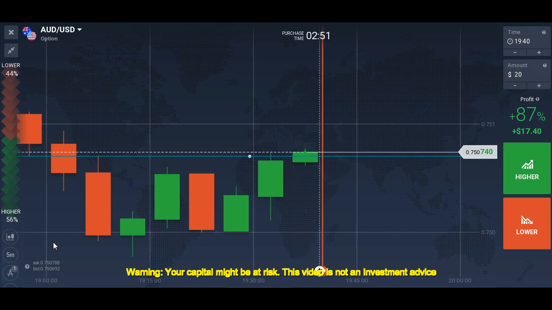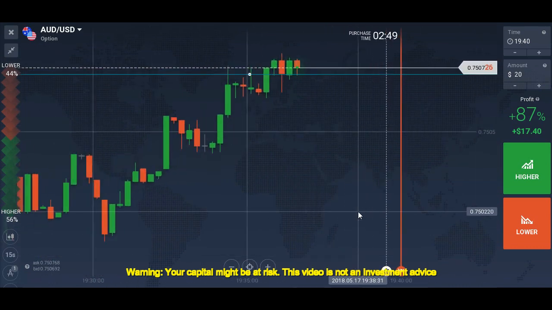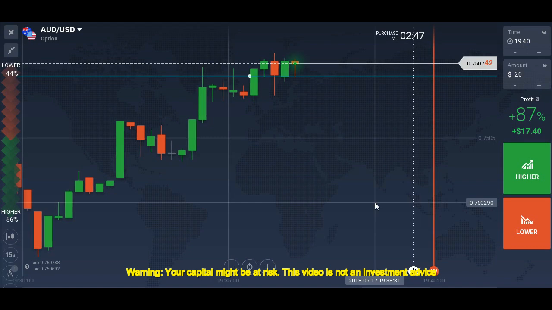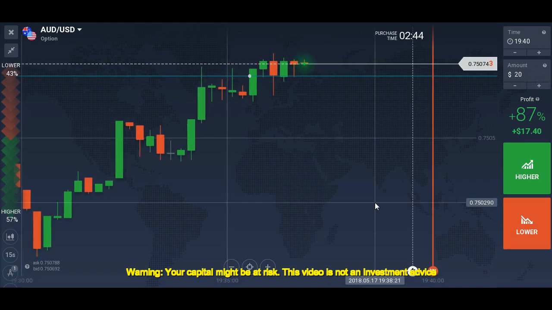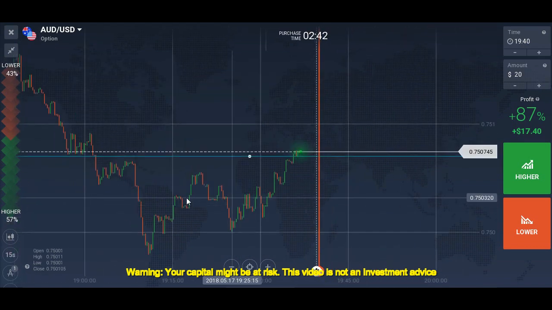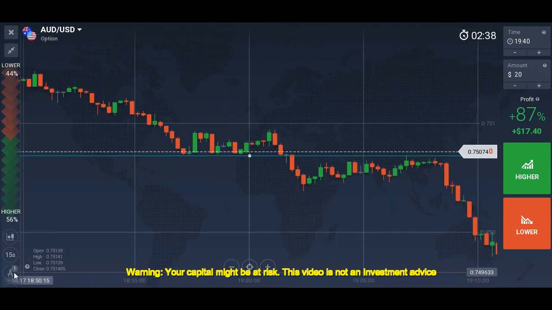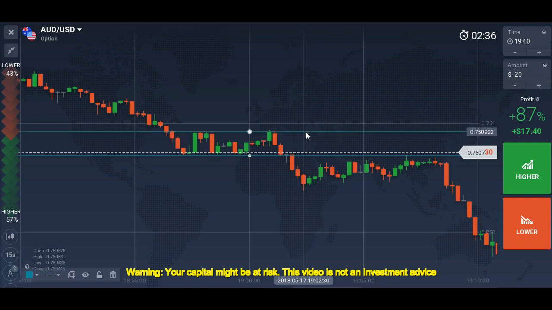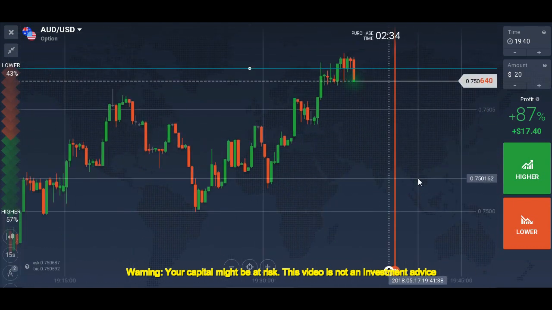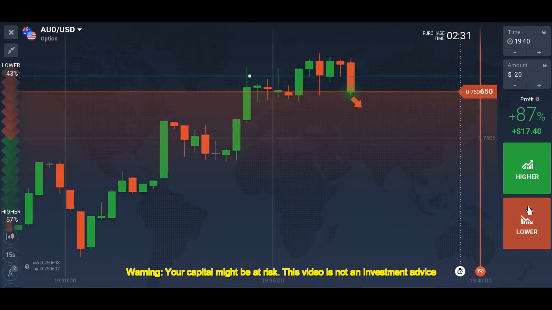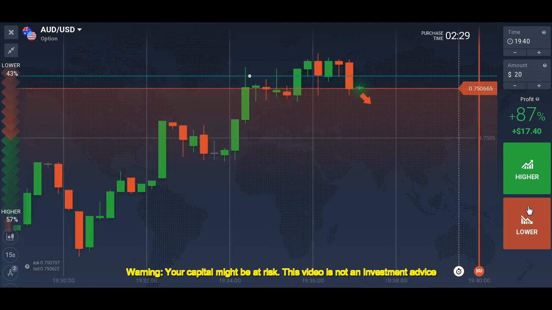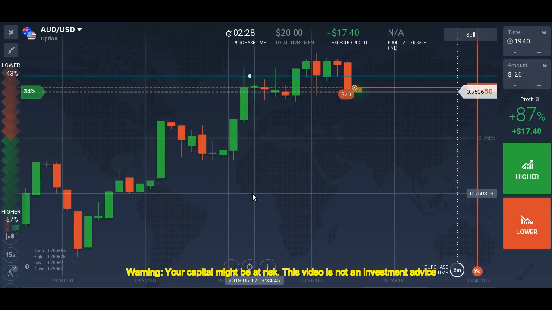The market closes below the resistance. We have one more resistance here. Okay, this is a confirmation. Yes, this is a confirmation, so I place my trade.